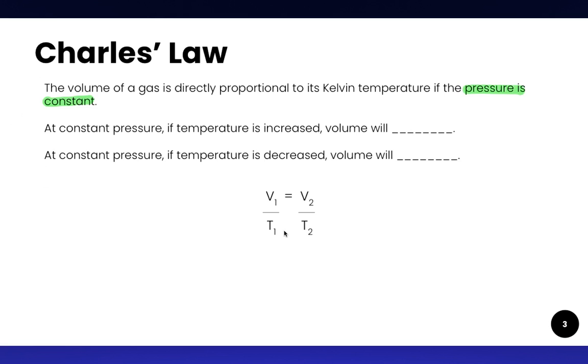This tells you that the volume and temperature are directly proportional. So what does directly proportional mean? Directly proportional means that they will move in the same direction. If one is increased, the other will be as well.